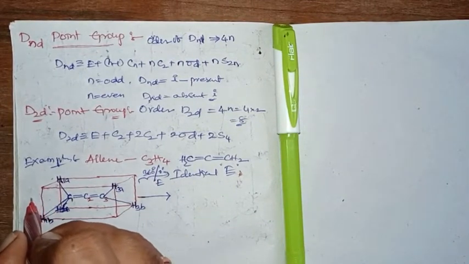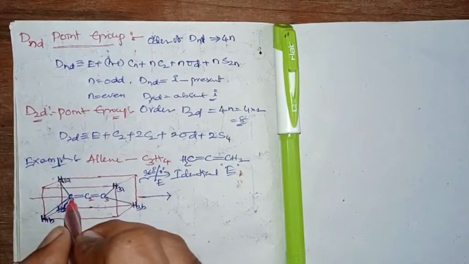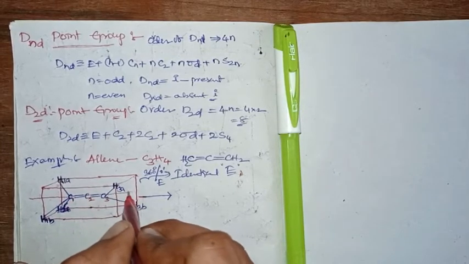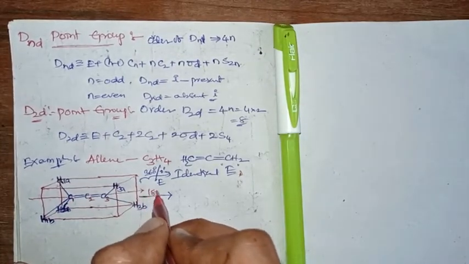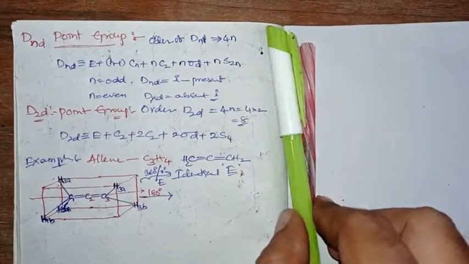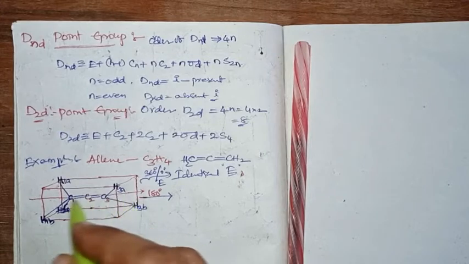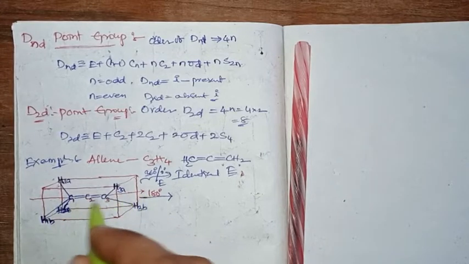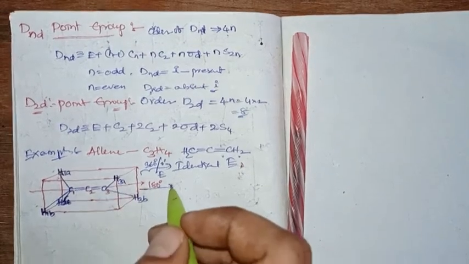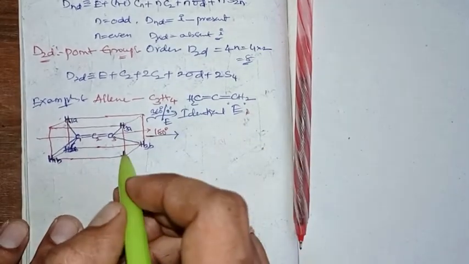Considering an axis which passes through all the carbon sites and doing a 180 degrees rotation, what happens?